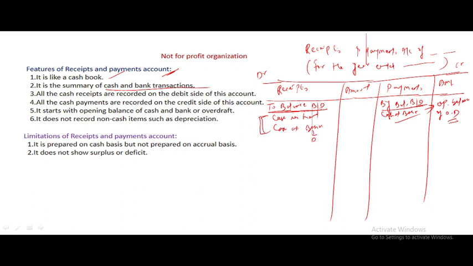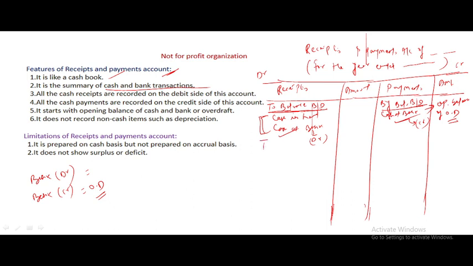This is the debit bank balance, and overdraft is the credit bank balance. If bank debit balance, it is here. If credit balance of bank, the overdraft is given here.